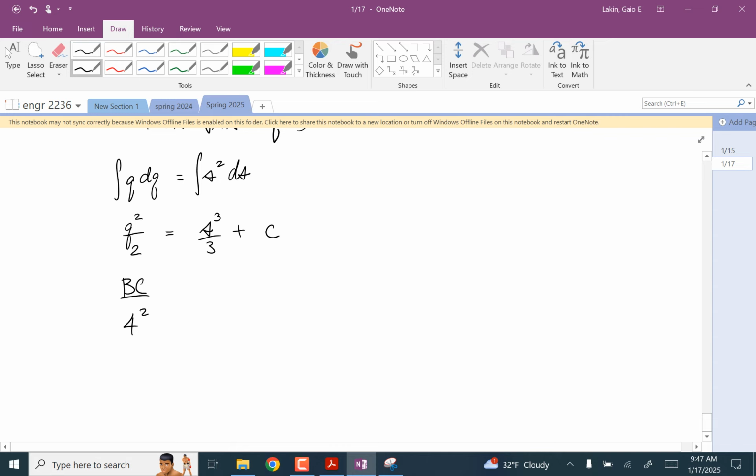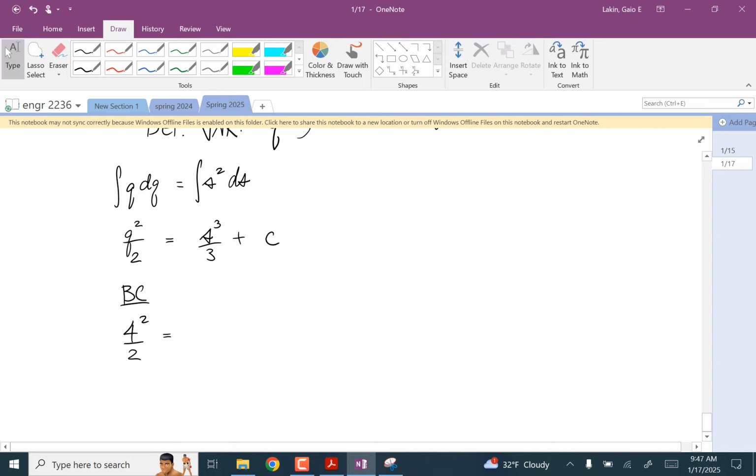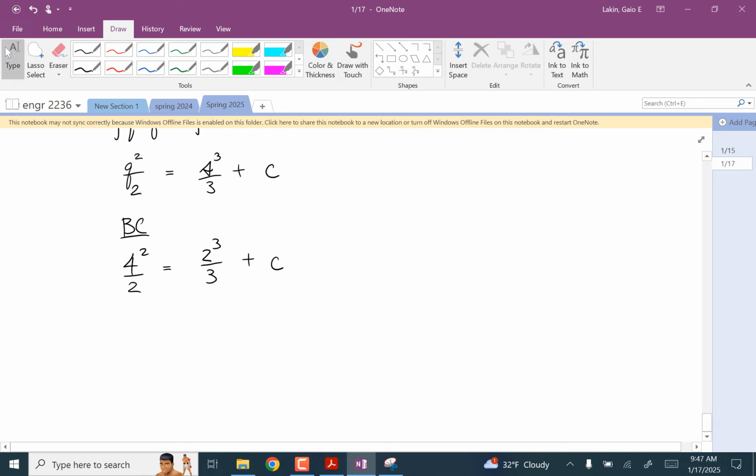So we have 4 squared over 2 is equal to 2 cubed over 3 plus C. So that says 8 minus 8/3 is equal to C. So that is equal to 16/3.